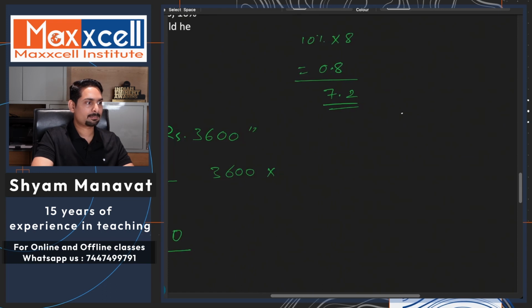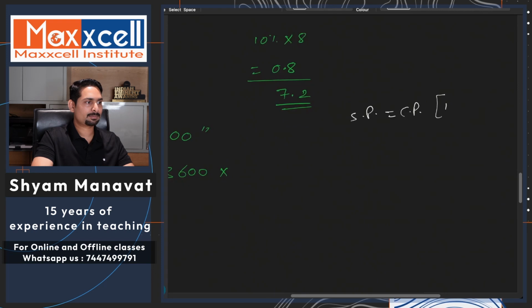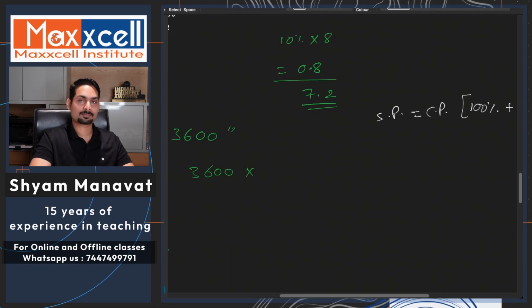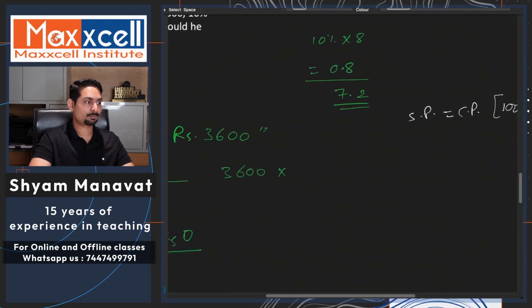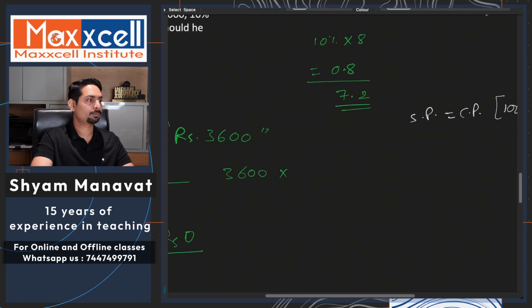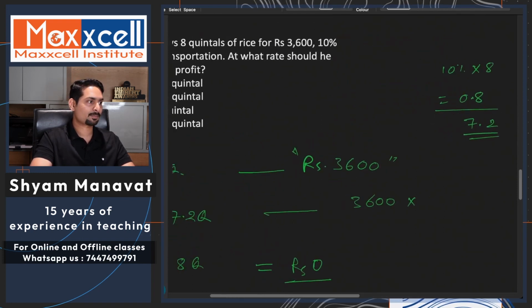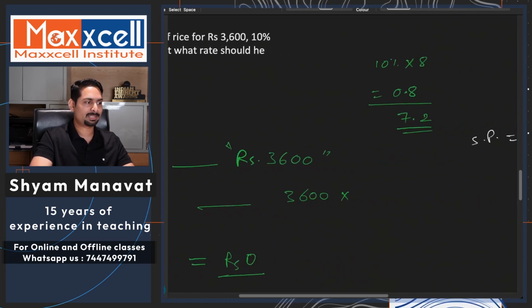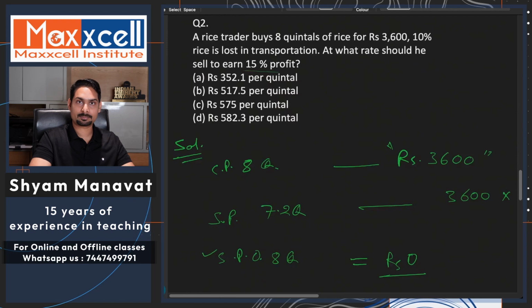Again the same: selling price equals cost price into 100% plus profit percent, because there is a profit of 15% given. So 3,600 should be multiplied by 100 plus 15, that means 115%, to get the selling price, right?